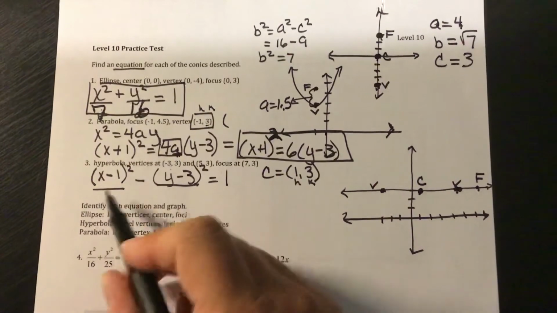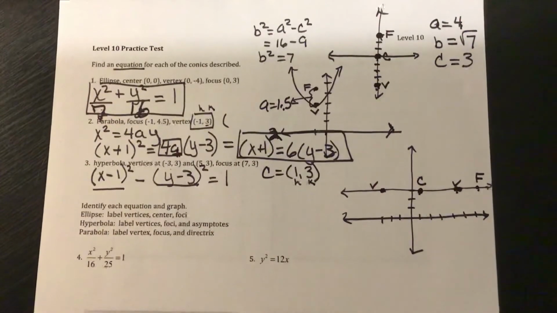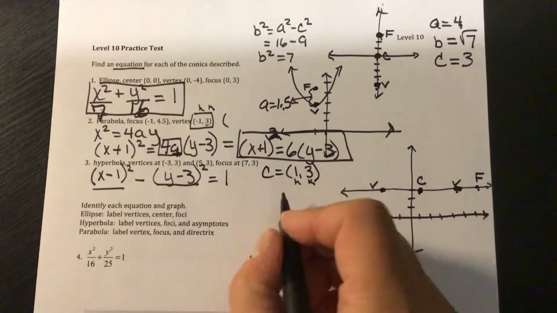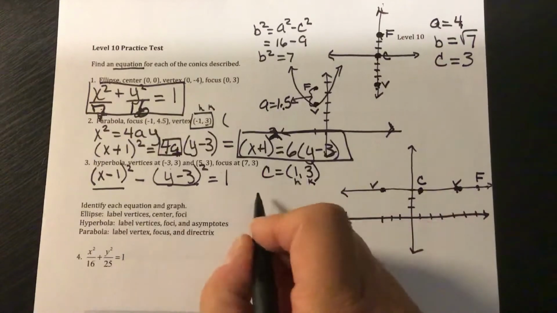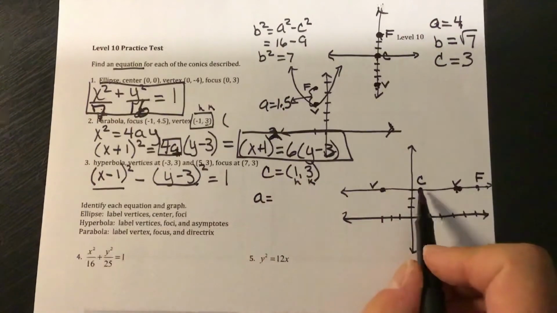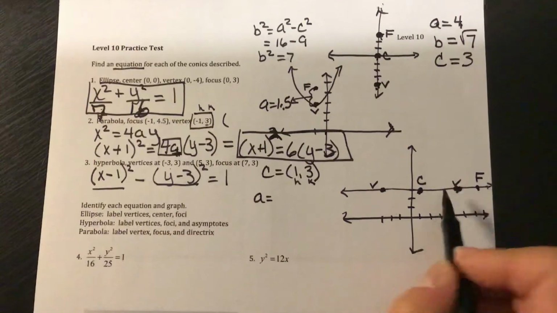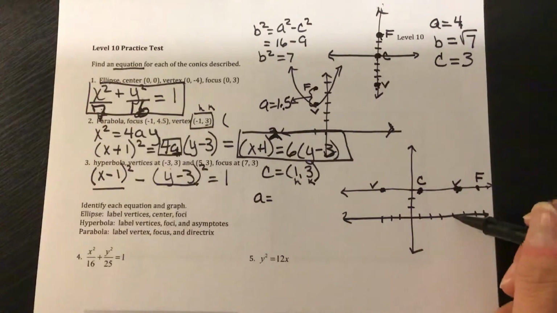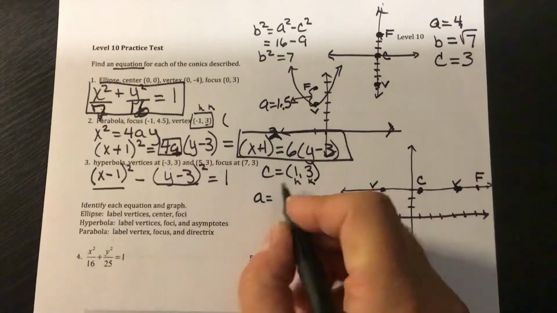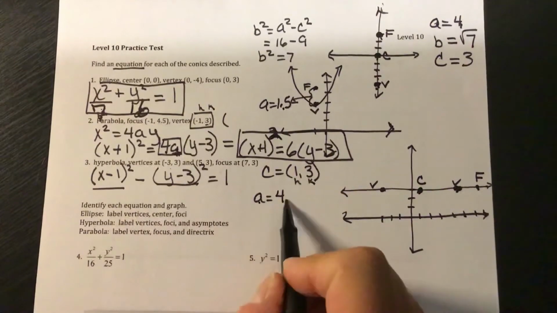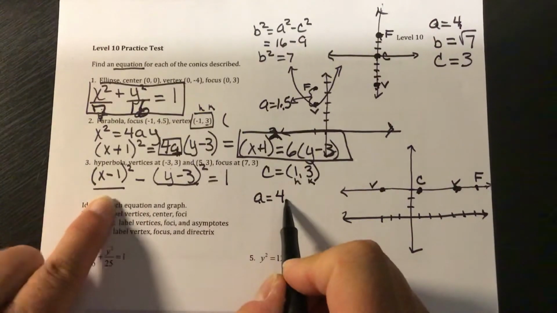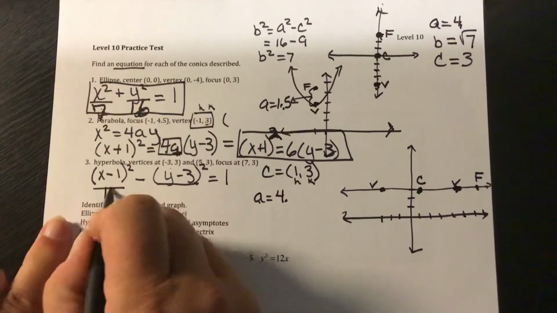This is my h and k value. So I need to find these somethings, and that comes from my a, b, and c value. So my a value is the distance from the center to the vertex. So this is going to be 1, 2, 3, 4 units. So if a is 4, a squared is going to go under the x, so that's going to be 16.